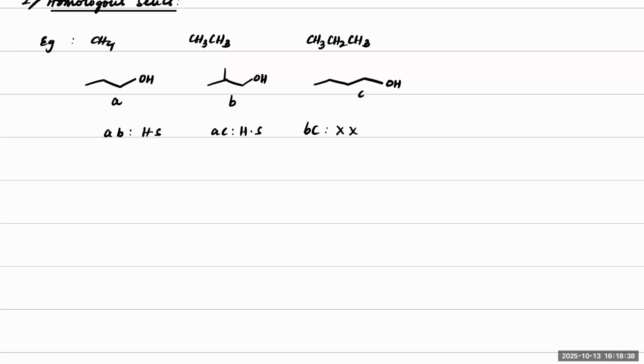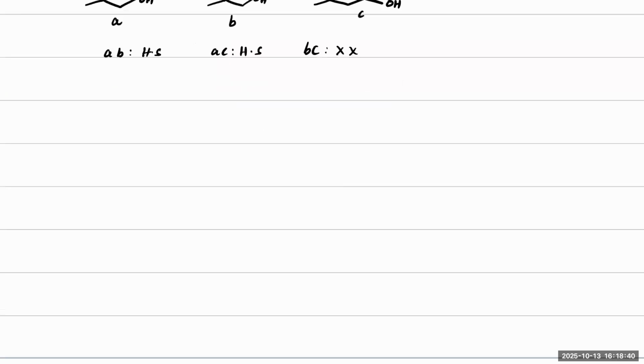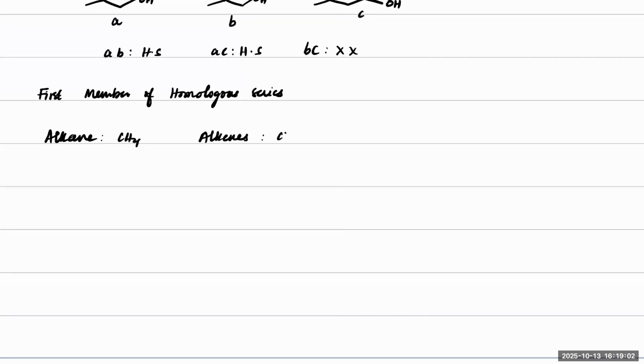Suppose the question asks, what is the first member of the homologous series? For alkanes, the first member is CH4. For alkenes, the first member is CH2=CH2. The same is the case with alkynes.